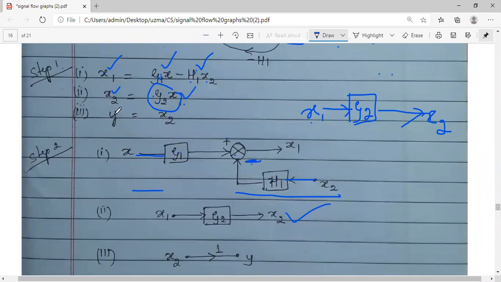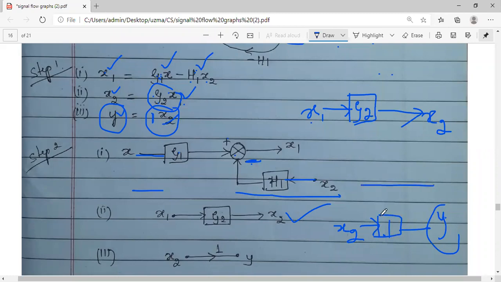What about the third? Y is equal to x2. तो y राइट हैंड साइड में जो टर्म है वेरिएबल है वो आपका आउटपुट है, RHS साइड में मतलब एक्सट्रीम राइट साइड, the LHS value is your output. So here you draw it at the rightmost. And from where the signal is coming? From x2, you don't have any gain value, means it is 1. So x2, ideally I should use like this, right? 1, but no need to use this.